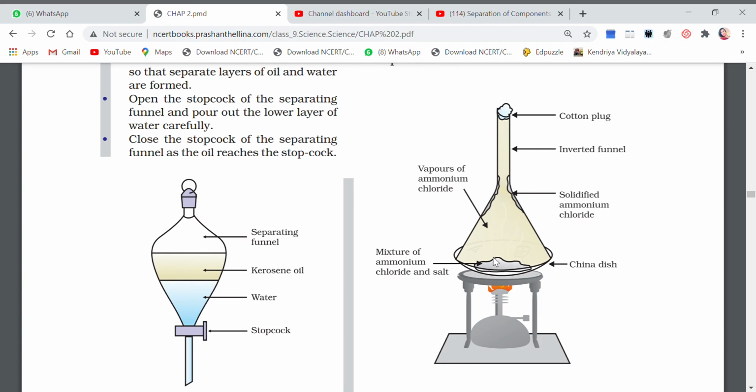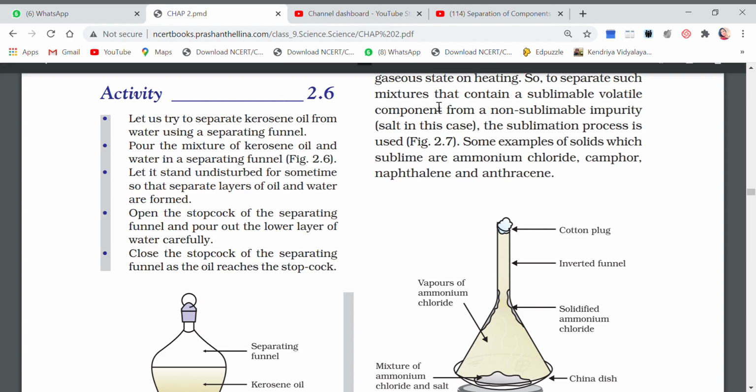Okay, and what is left behind here is only salt, because सारा का सारा अमोनियम क्लोराइड तो ऊपर चला गया, यहाँ पे आ गया, तो नीचे जो बचा that is salt, तो हो गई separation. Understood? This is how it is separated.